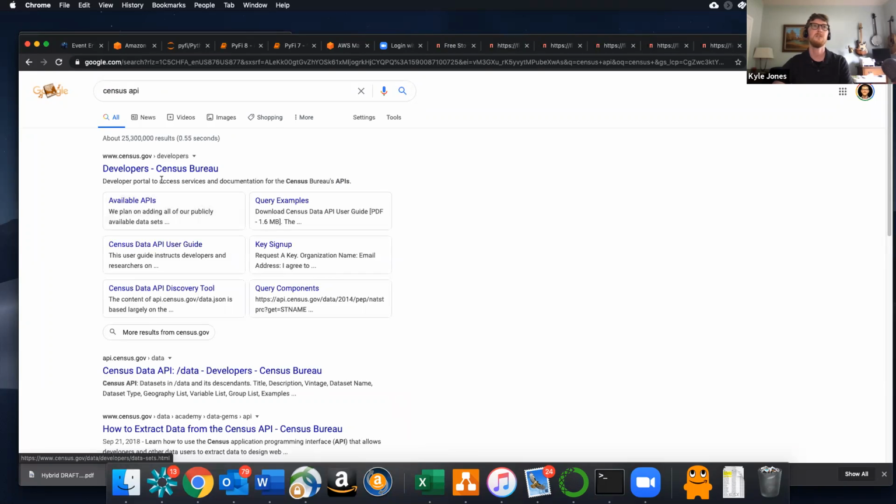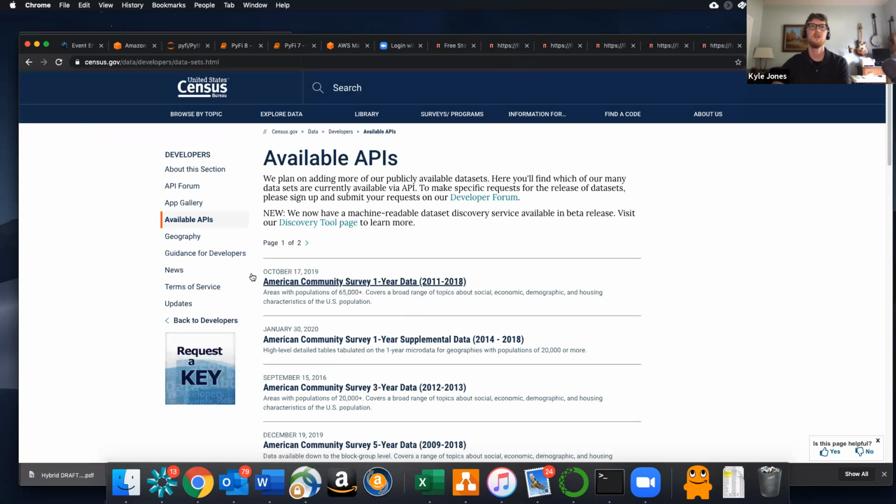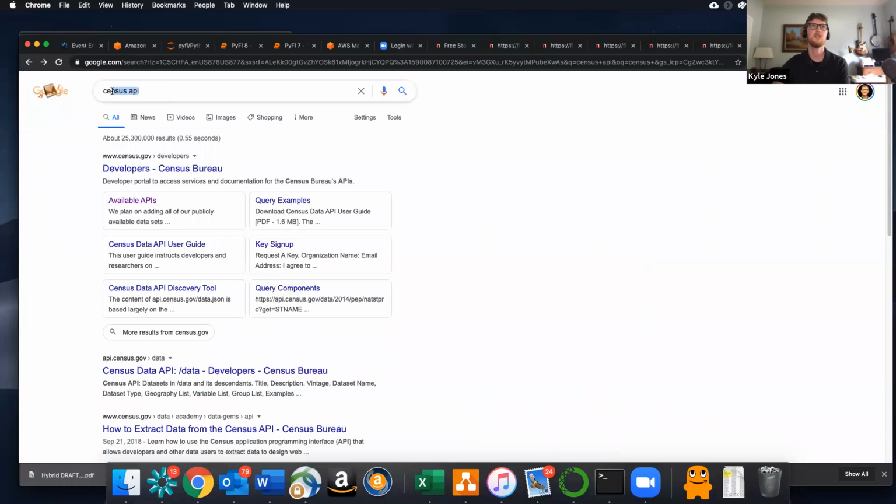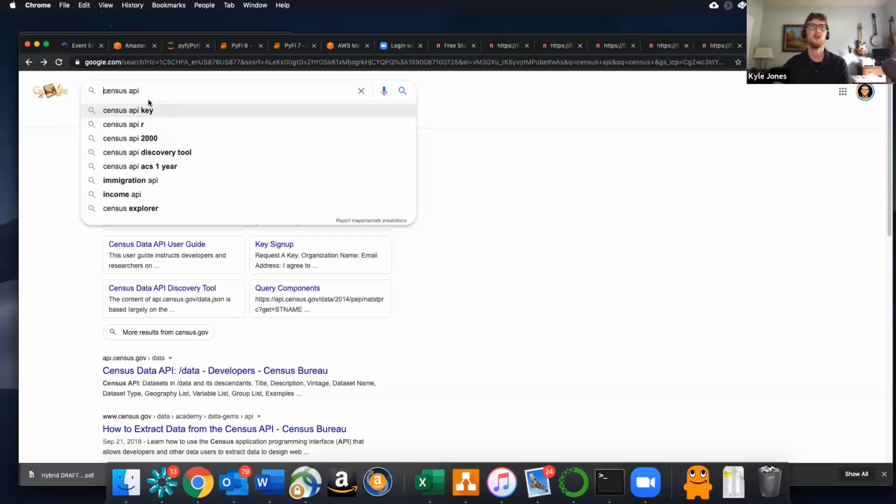And then finally, a lot of states and local governments are providing their data openly through APIs. You can get the FRED data as well.